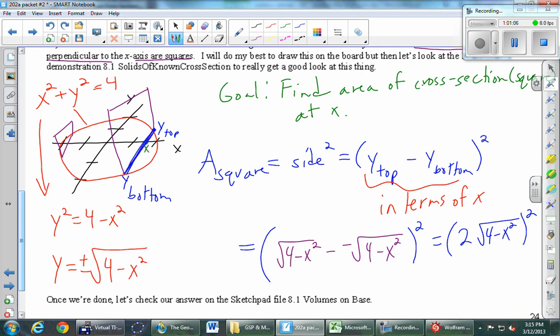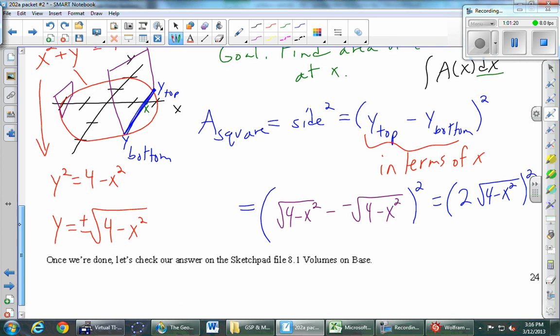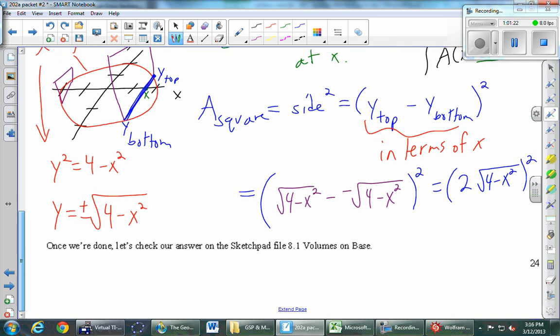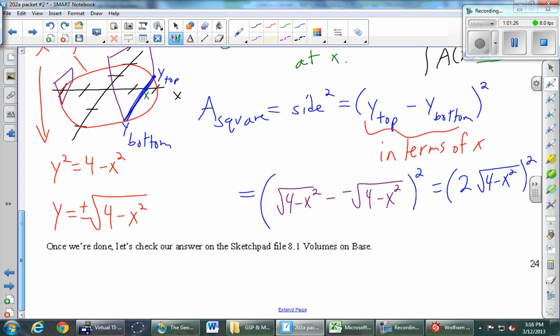According to our formula up above, what we were supposed to do was stick on the dx. That dx was multiplying the area by the thickness of that square. That's how it goes from being a 2-dimensional area to a 3-dimensional volume. Okay, so then the rest of this is fairly mechanical.